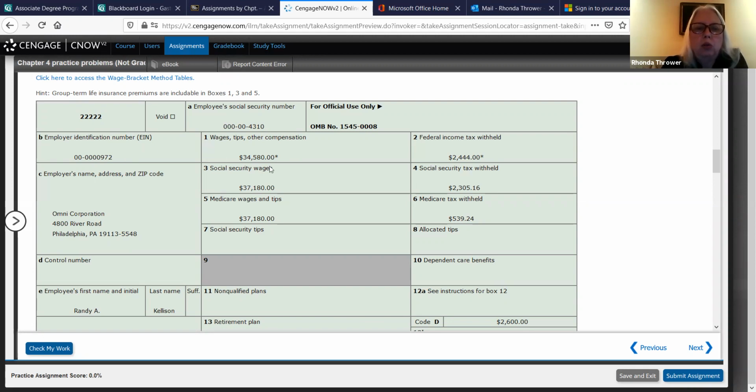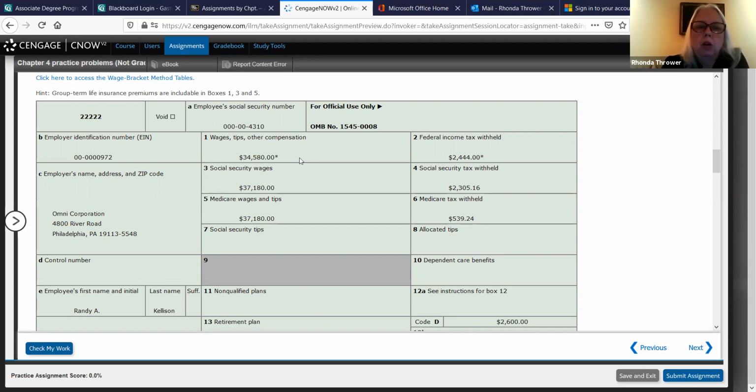And then you'll want to enter the wages and the tips and other compensation, and this you would have to determine. The wages and the tips and the other compensation is the total wages with the amount taken out if you have a retirement plan.